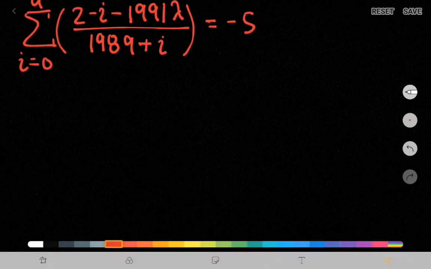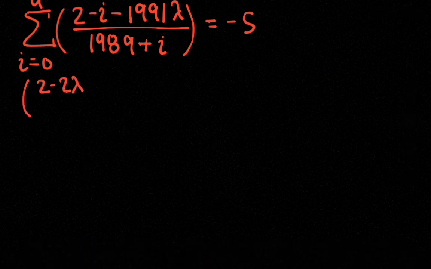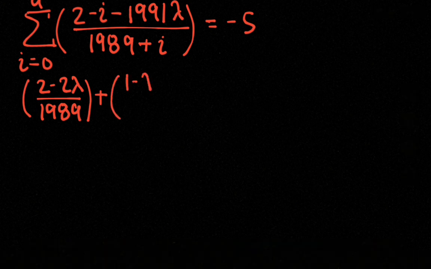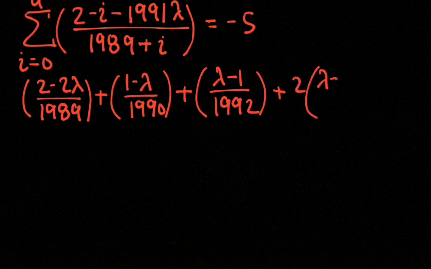and we can write it in this form: (2 − 2 lambda)/1989 plus (1 − lambda)/1990 plus (lambda − 1)/1992 plus twice of (lambda − 1)/1993 minus 5 lambda equals −5.